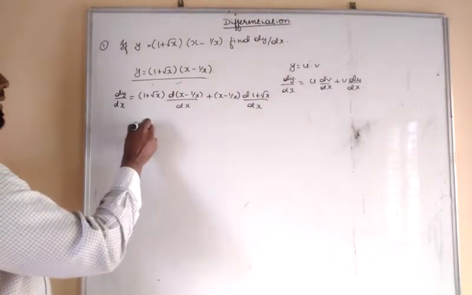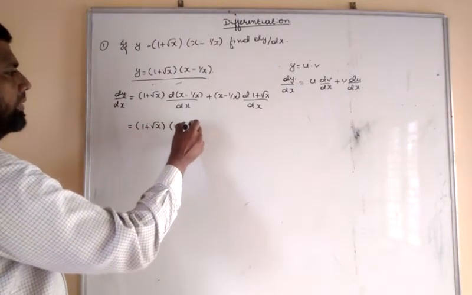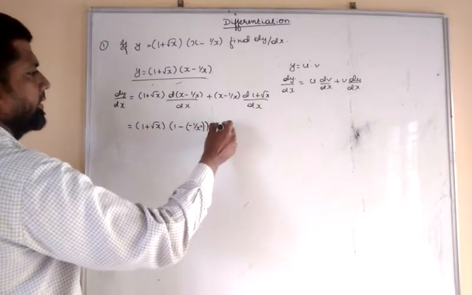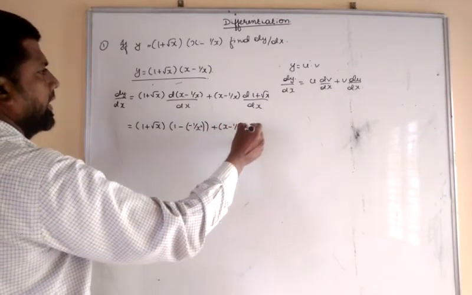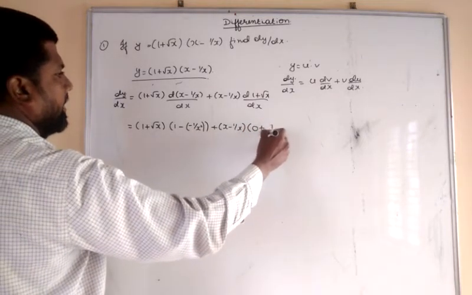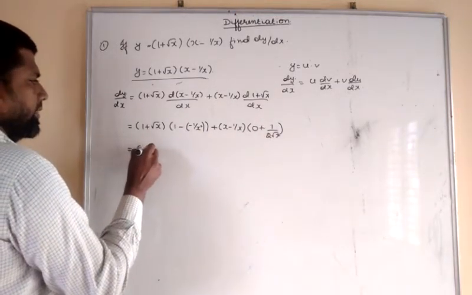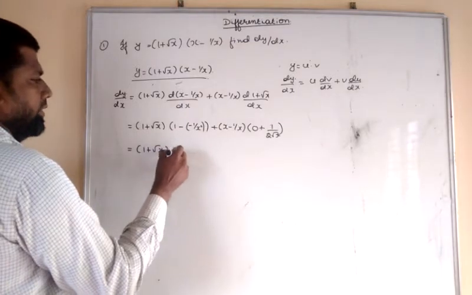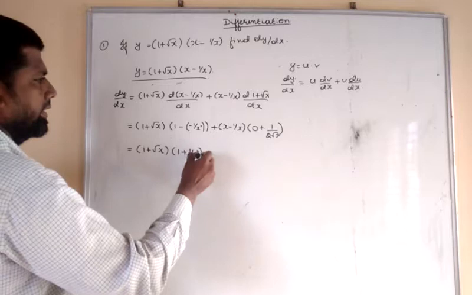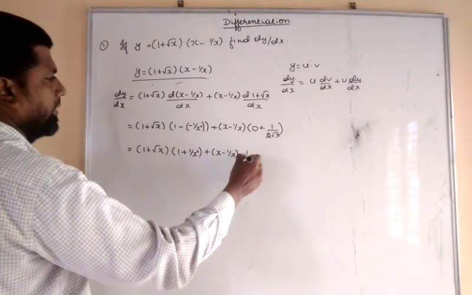So 1 plus root x as it is, then differentiation of x minus 1 by x is 1 plus 1 by x square, then plus x minus 1 by x, then 1 differentiation is 0, and root x differentiation is 1 by 2 root x. Then we can write 1 plus root x into 1 plus 1 by x square plus x minus 1 by x into 1 by 2 root x.